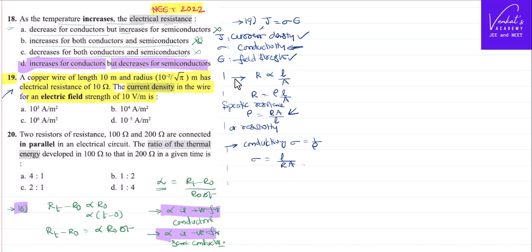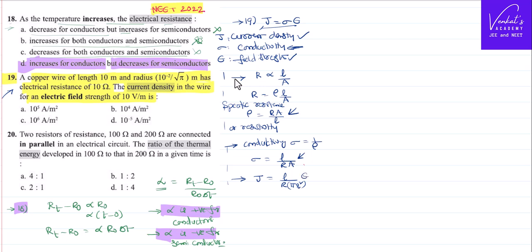Now I can write this formula as current density equals, in the place of sigma, L by RA, times E. The area, assuming a circular cross section because the radius is given, is pi r square. Now everything is available in the data.